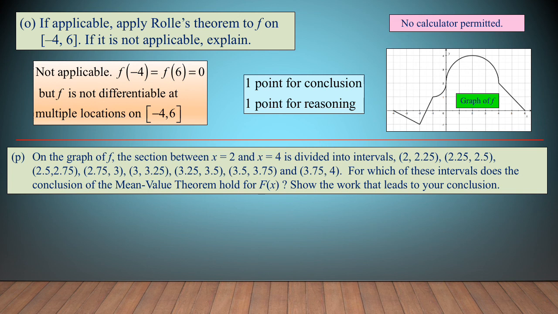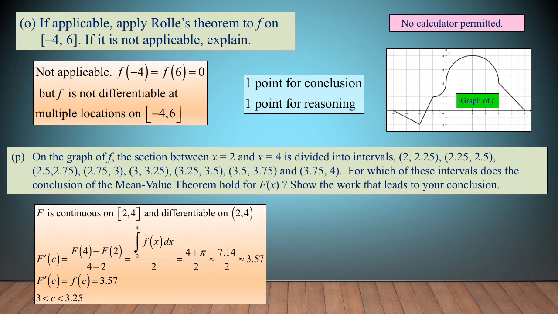We would like to know for which of these intervals the conclusion of the mean value theorem holds for capital F of x, and we'd like to show the work that leads to the conclusion. Capital F represents the accumulated area under the graph of little f.